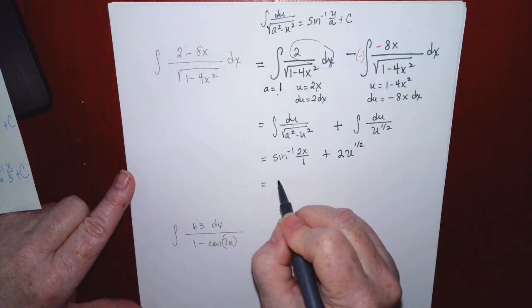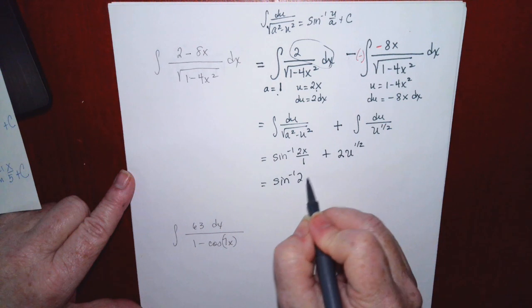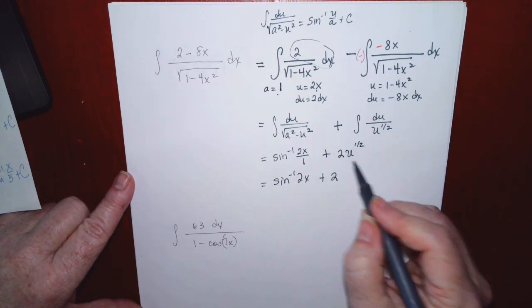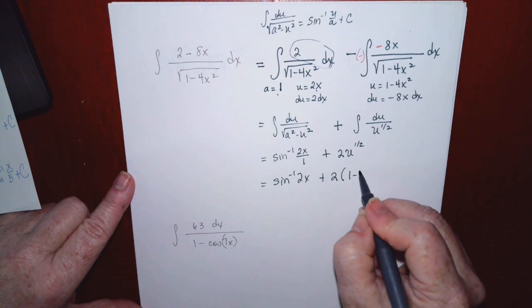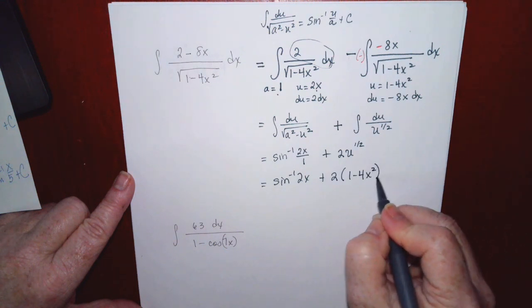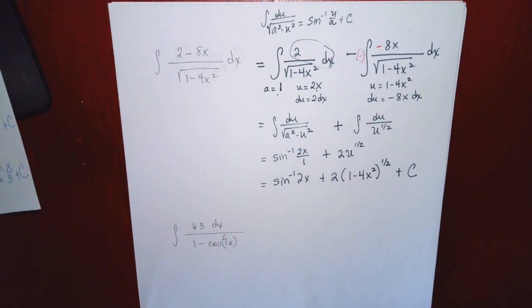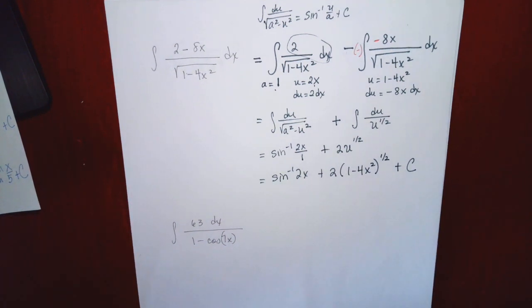So we will have the arcsine of 2x plus 2 times u to the 1/2, which will be 1 minus 4x squared to the 1/2, and then we just put our plus c on at the end, rather than having a plus c and then another plus c. We typically just add one arbitrary constant at the end.